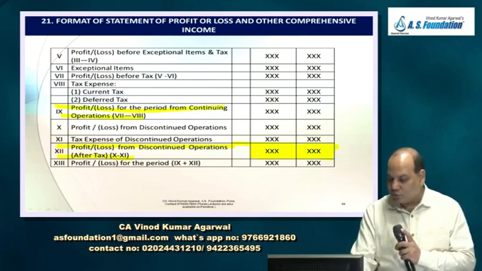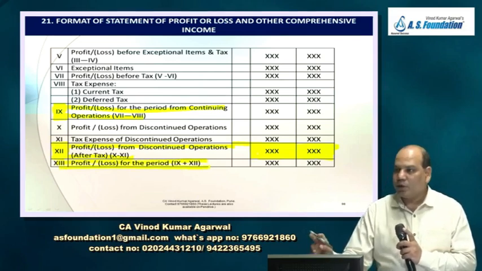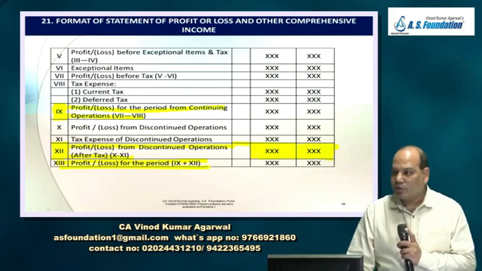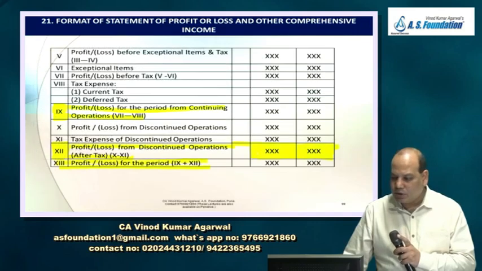Then total of these two will be called total profit or loss for the period. This is the part 1, profit or loss section. And then part 2, in case if you want to present any item separately, then you can present.